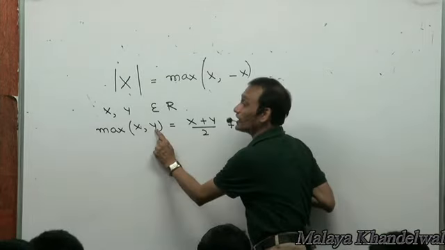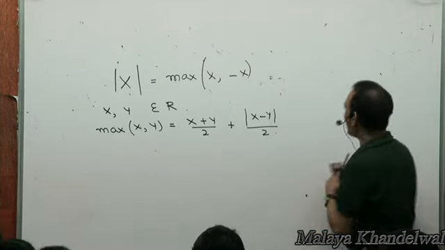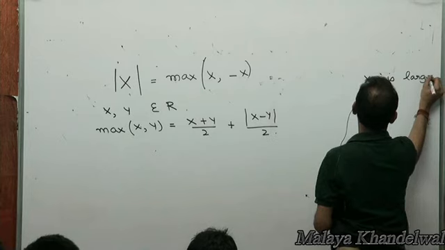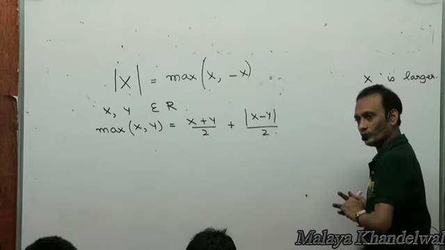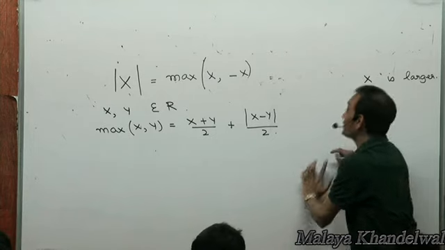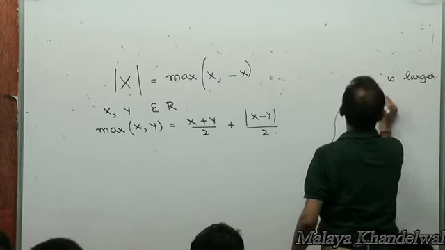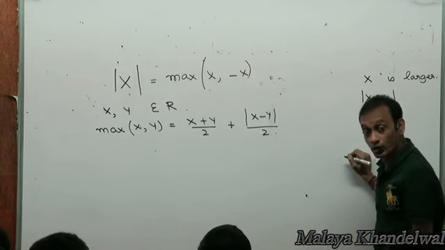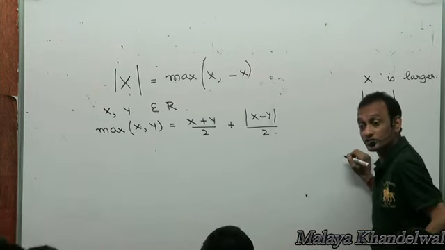Suppose between these two real numbers, say x is larger. Then the output of this operation should be x, right? Now, if x is larger, then mod of x minus y will either be x minus y or y minus x. But x minus y is positive here, right?